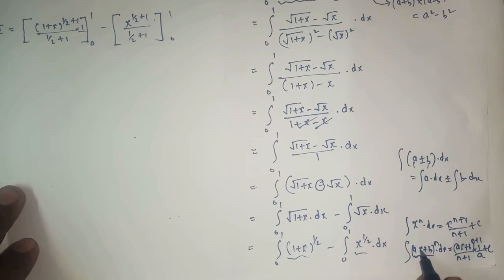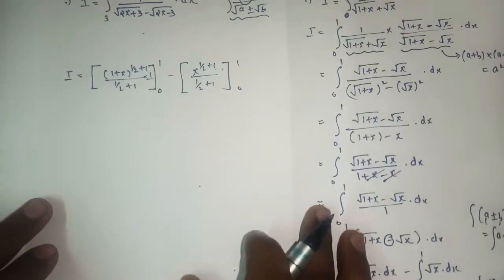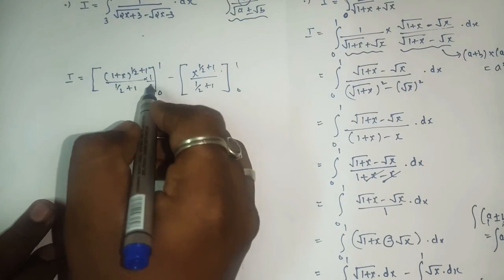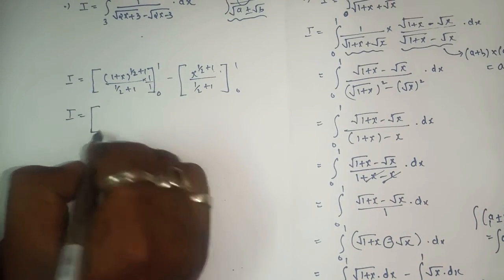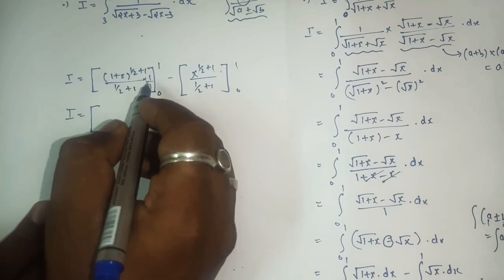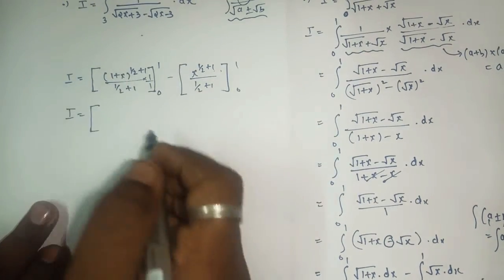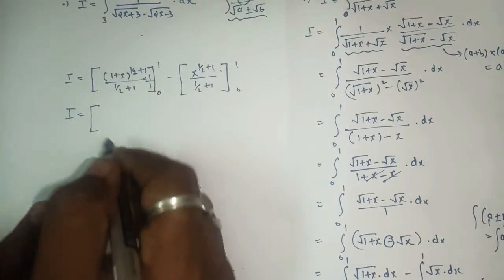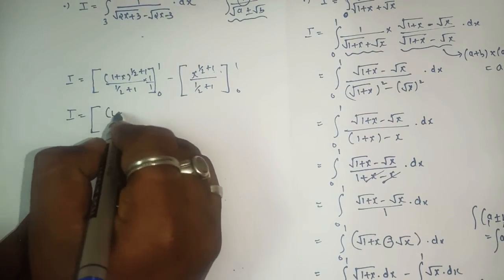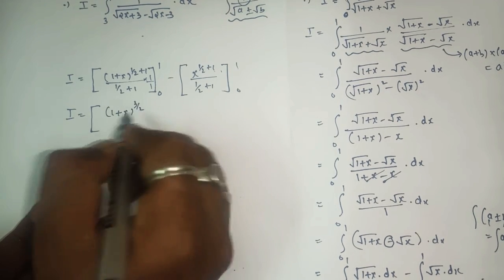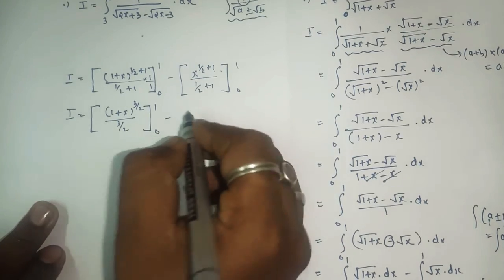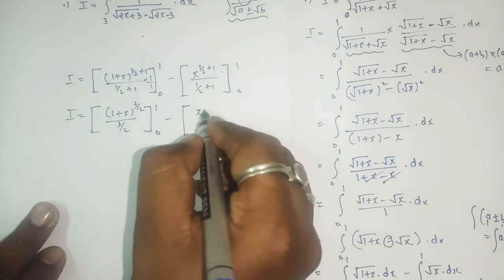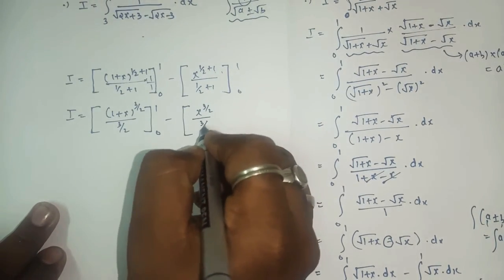As here the coefficient of x for this part is 1, so 1 upon 1 will be 1 only, yes or no? So that's why I wrote this step directly. Okay, if you want you can show this step. So here this will be what, (1 plus x) raised to 3 by 2 upon 3 by 2. Here also x raised to 3 by 2 upon 3 by 2.